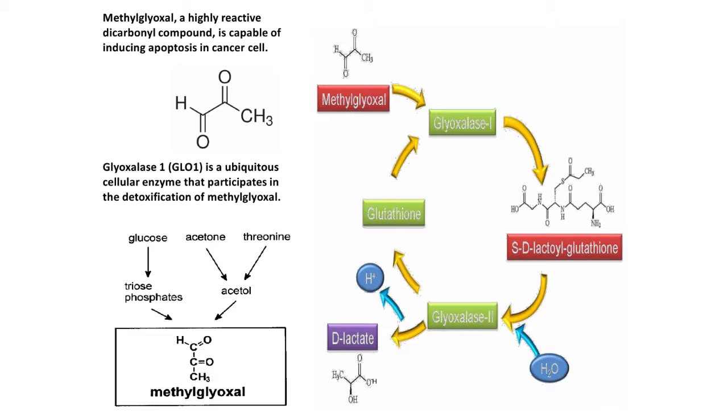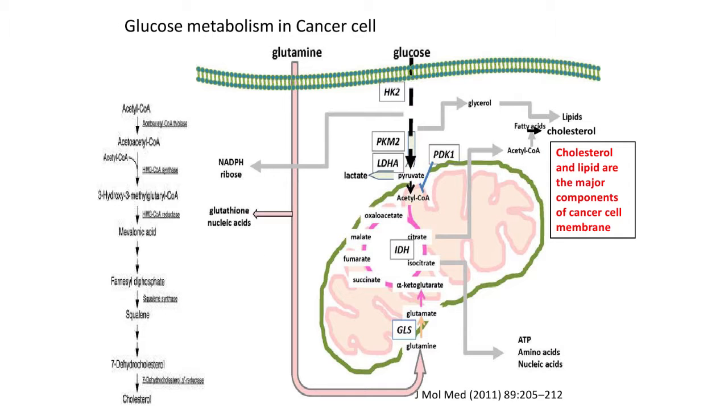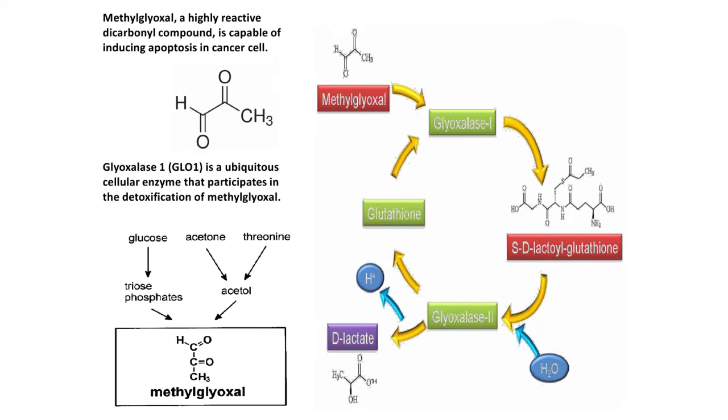The glucose found in the glycolysis pathway goes to pyruvate and also generates a toxic substance, methylglyoxal, from glucose.